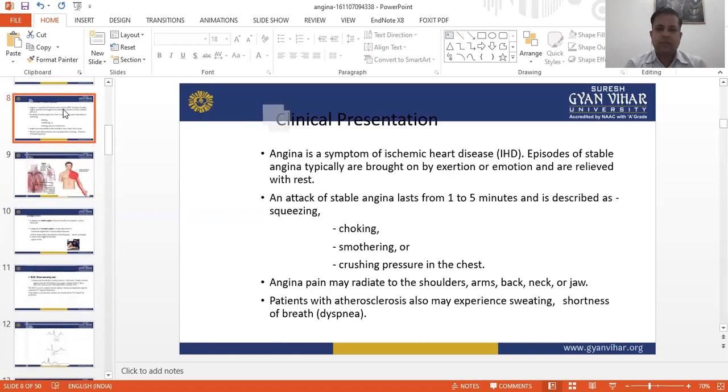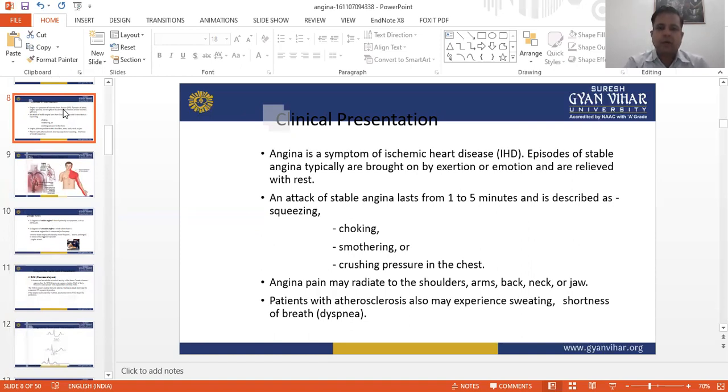Clinical presentation: angina is a symptom of ischemic heart disease. Episodes of stable angina typically are brought on by exertion or emotion and are relieved with rest.